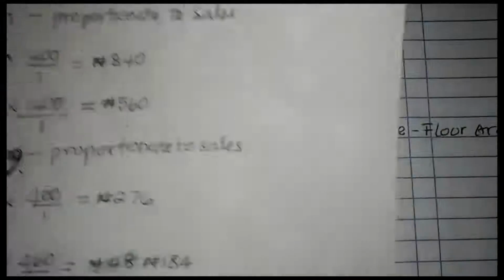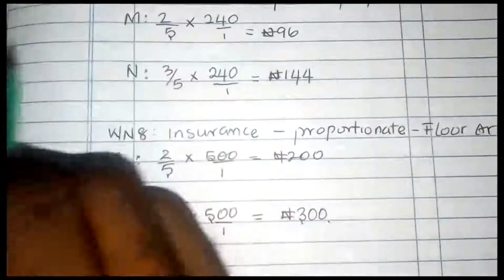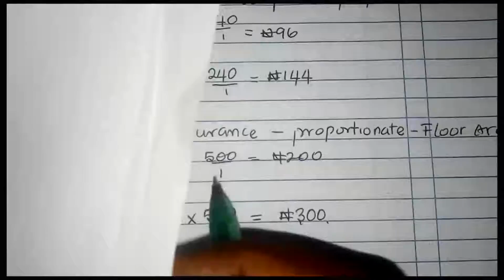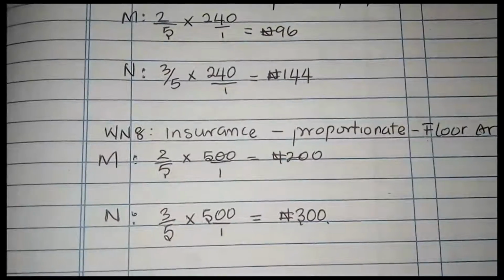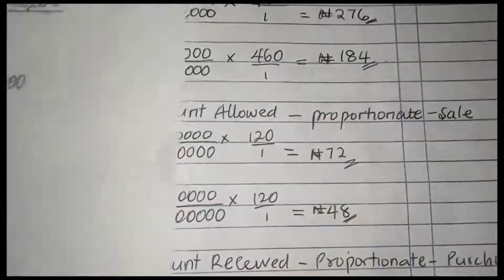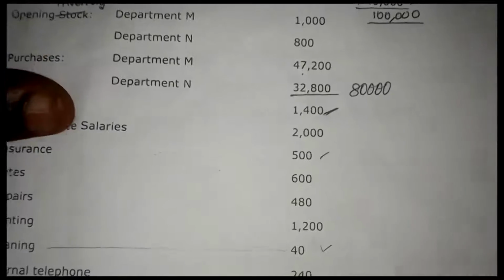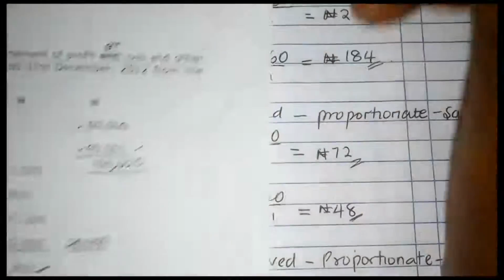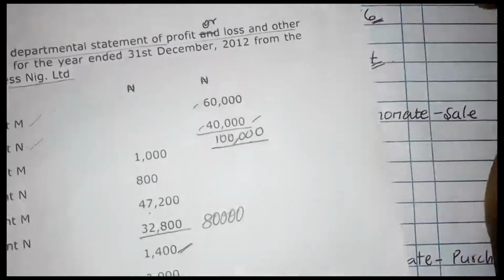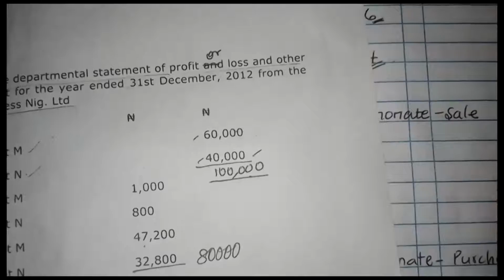So every other expense, they are to be apportioned equally. Now what you will do next, having done all this, I will pick my question. I'm giving you examination techniques. I will pick my question, then I will start with commission.